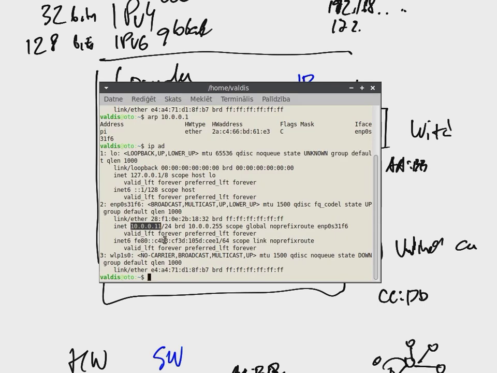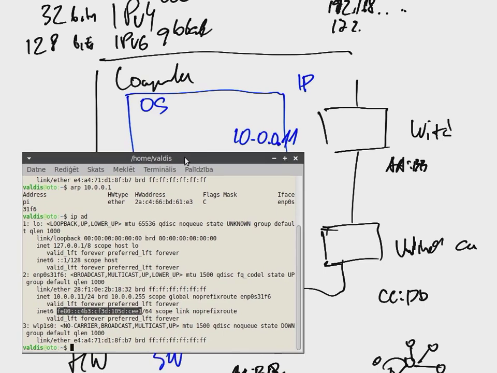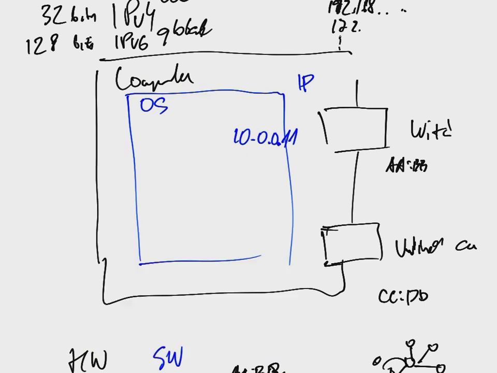Here would be, for example, an Internet Protocol version 6 address starting with FE, and this FE prefix is the local address for version 6. Then, if we talk about devices, there is another interface called localhost.